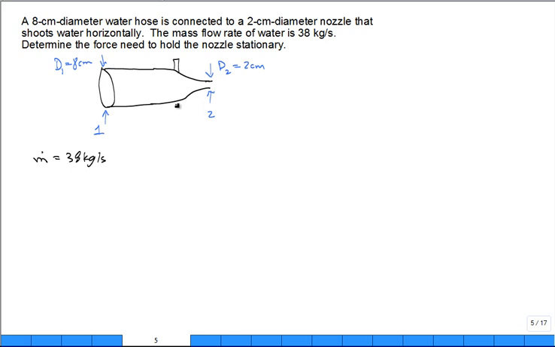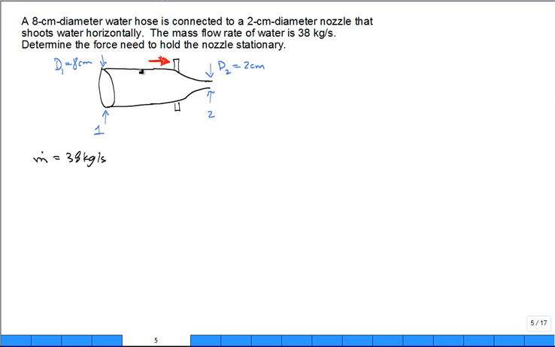So it's like we have handles on this water nozzle. And we have to first, it's nice if we know what direction we're going to have to hold the water nozzle. So do we push forward on the water nozzle handles to hold it stationary, or do we pull back? Push forward.